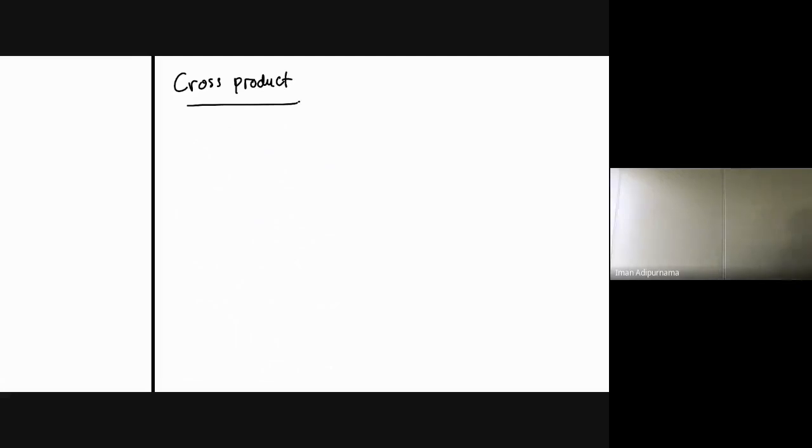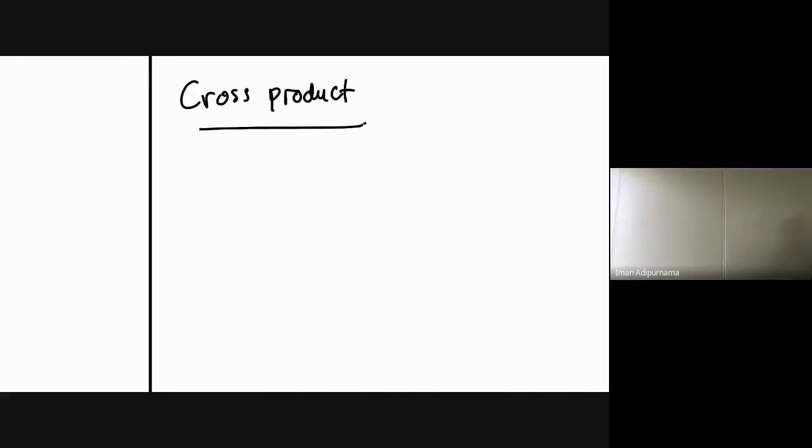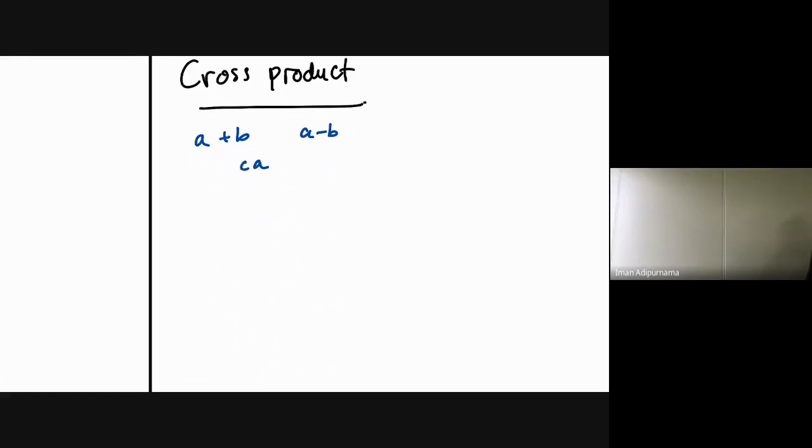So why do we need to learn the cross product? Before, we learned the vector, how to add, how to subtract, and if there is any scalar, how to multiply. If you have two vectors, how to multiply, you have the dot product, right? And the result will be a scalar, right?